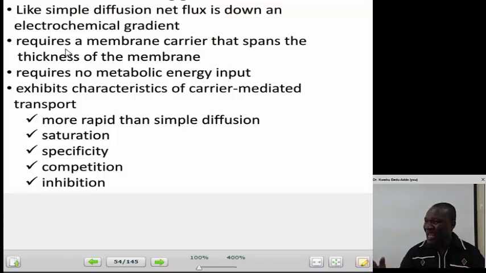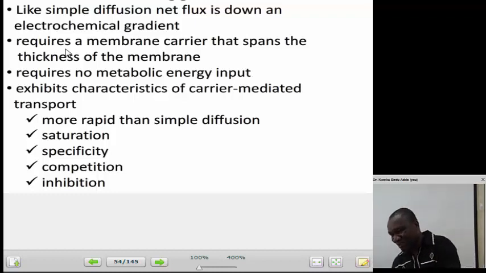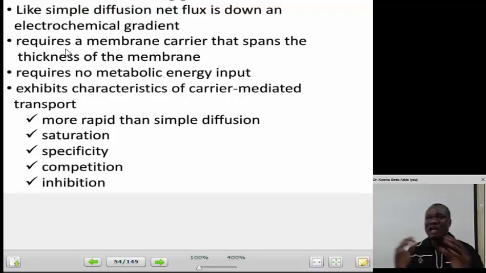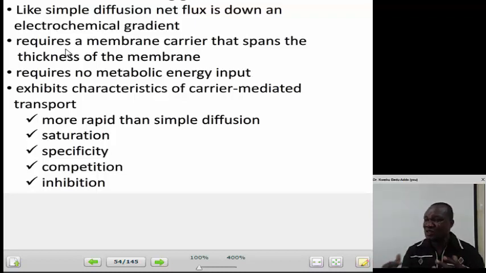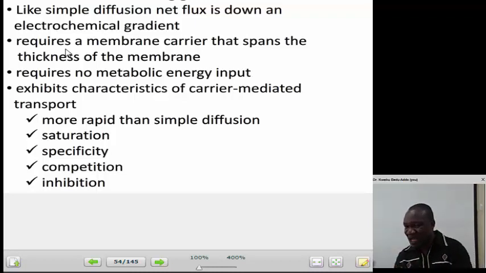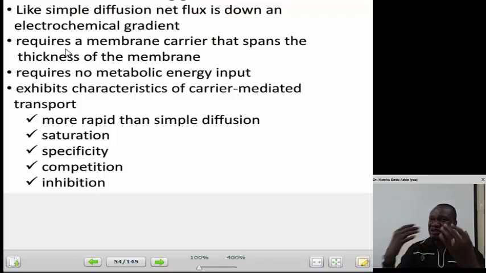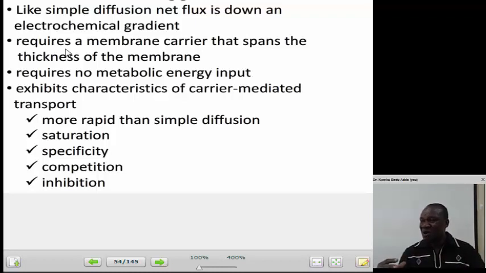So, you are being aided across the membrane. Now, if you just swam across the river, then you are moving unaided. So, simple diffusion could be like swimming across the river. And facilitated diffusion means crossing the river with the aid of a boat or a ferry.